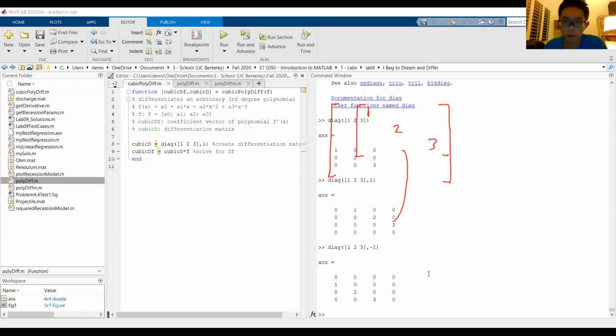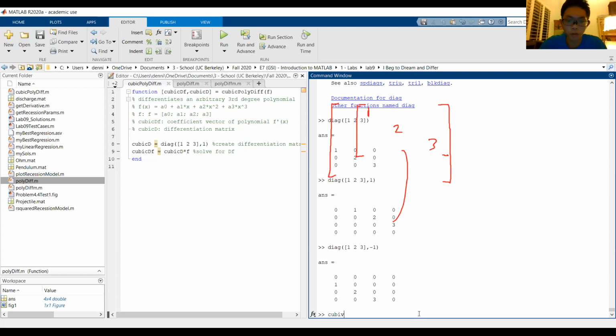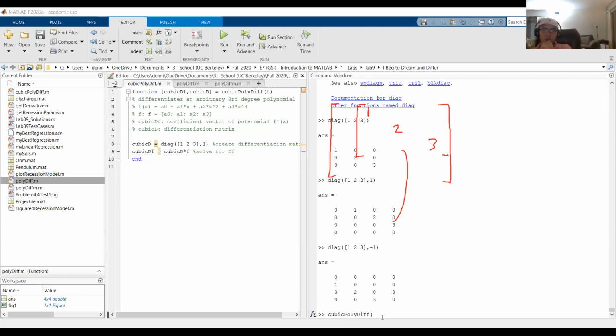I'm going to type in cubic polydiff. Can someone give me 4 numbers? Ideally integers. 4, 5, 2, 3.